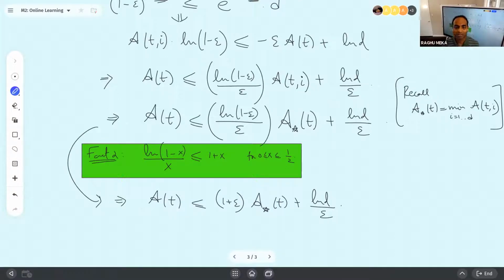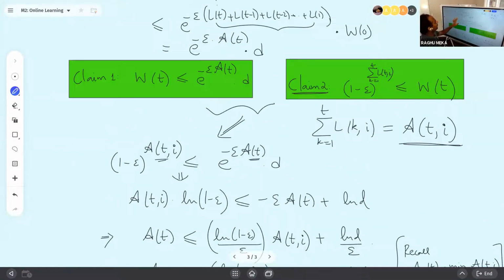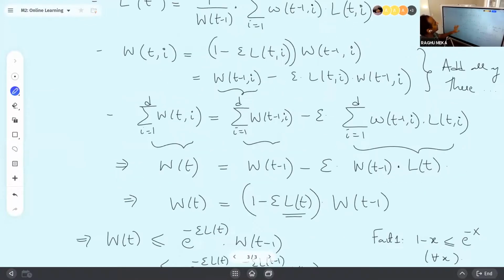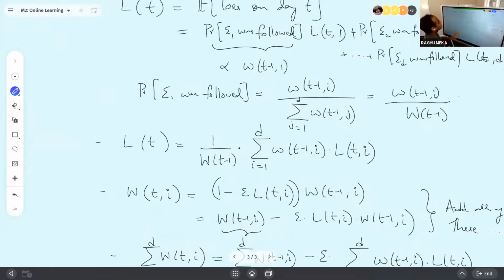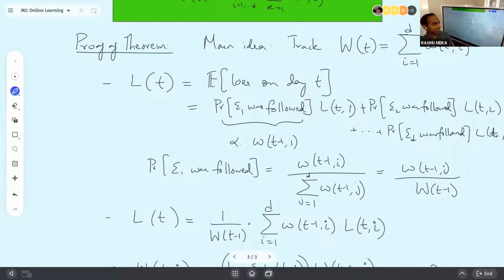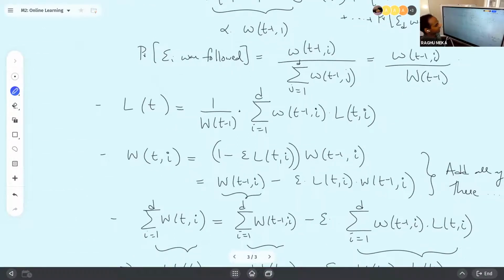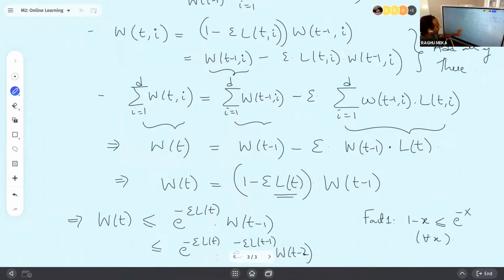So let's do a quick recap. The main thing here is to track a potential function, and the potential function is exactly the same as before, which was the sum of the weights that we have. There's some kind of magic that happens when you write down the expression for the expected loss.